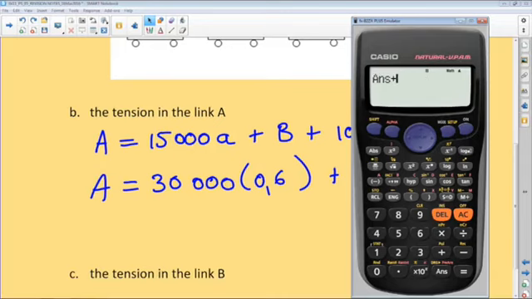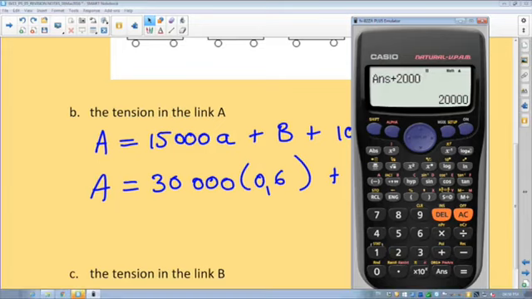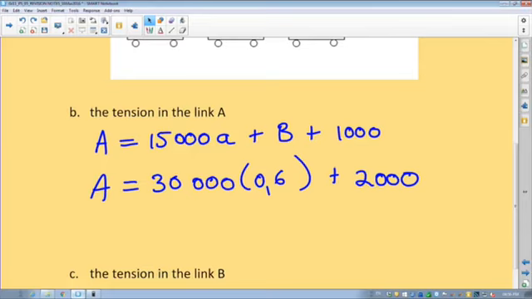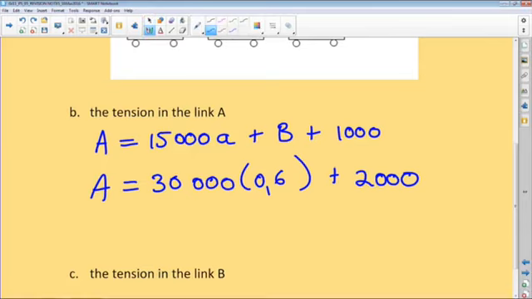And I need to add 2,000, and that's going to give me an answer of 20,000. So my A is equal to 20,000 newtons.